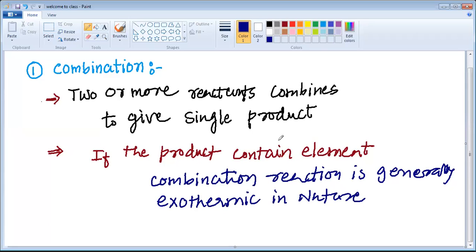So please remember, my dear students, that if the product contains an element, then the combination reaction is generally exothermic in nature.